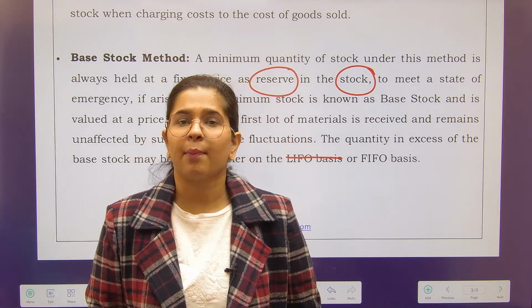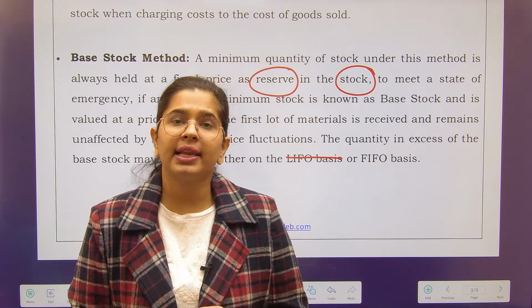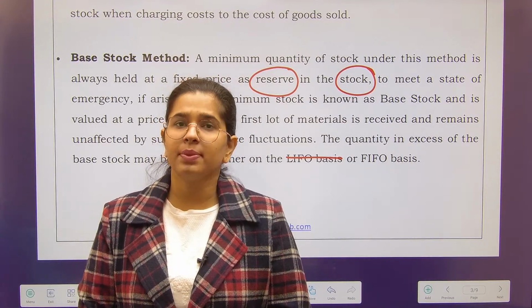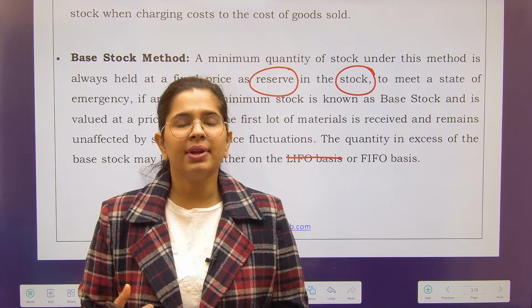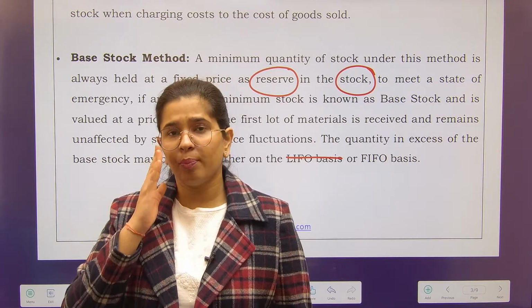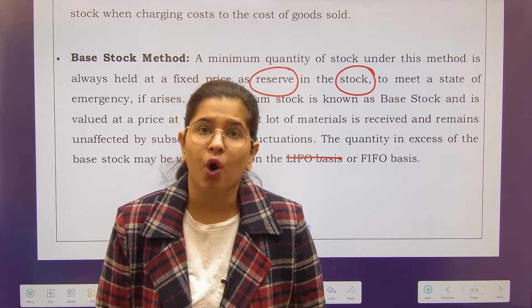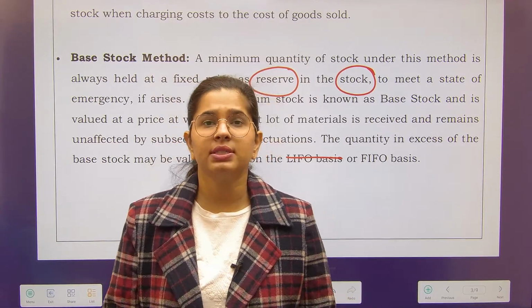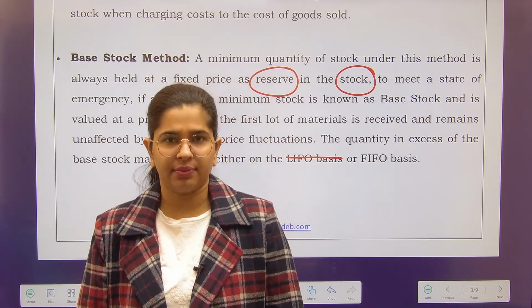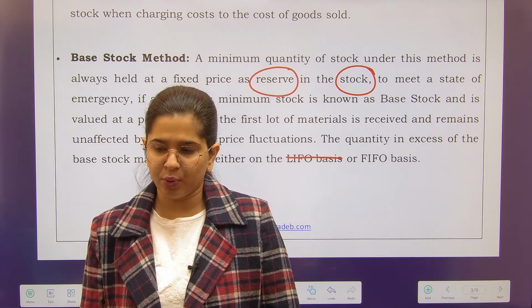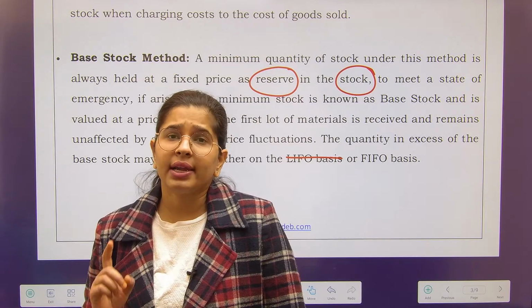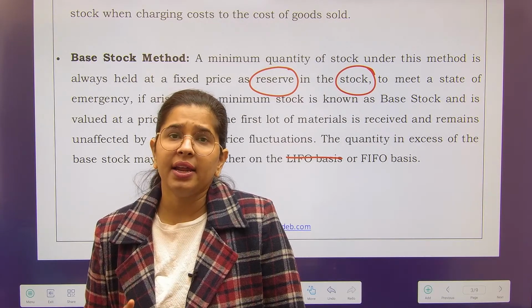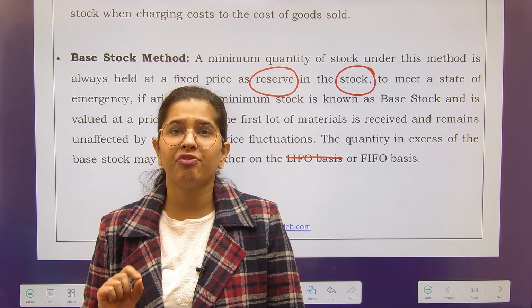Suppose on a daily basis you produce biscuits, you need maida for it, right? But sometimes you might not get maida on order, so you should keep a certain reserve for that. Suppose I know that on a daily basis I need 100 bags of maida.